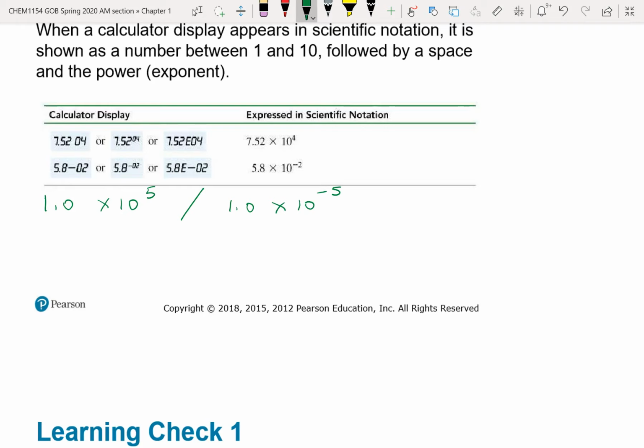So you have 2 numbers to enter and you're dividing. Is anybody getting an error message? Yes? Error message?